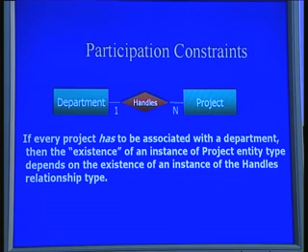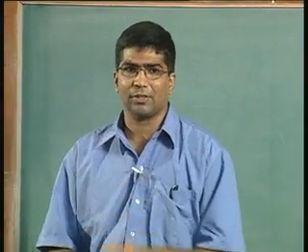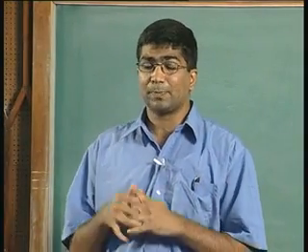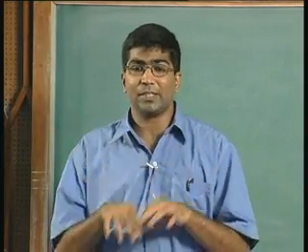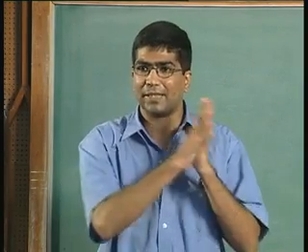Now a department may handle several different projects. Suppose there is a restriction that a project has no existence unless it is associated with a department. Suppose I have a project for developing some kind of software. Now this project does not exist if it is not associated with some department, if there is no department which is in charge of this project.